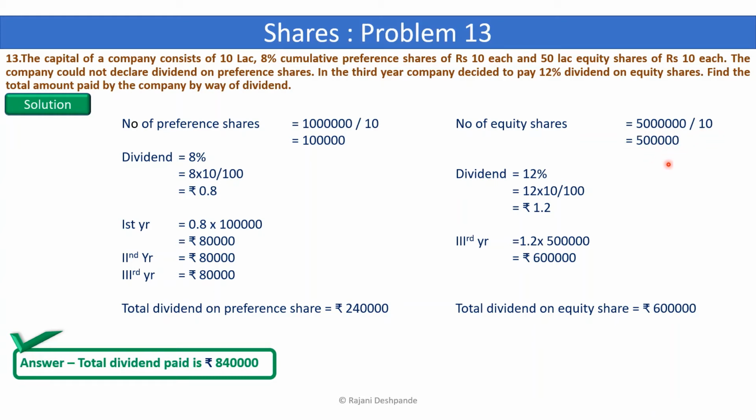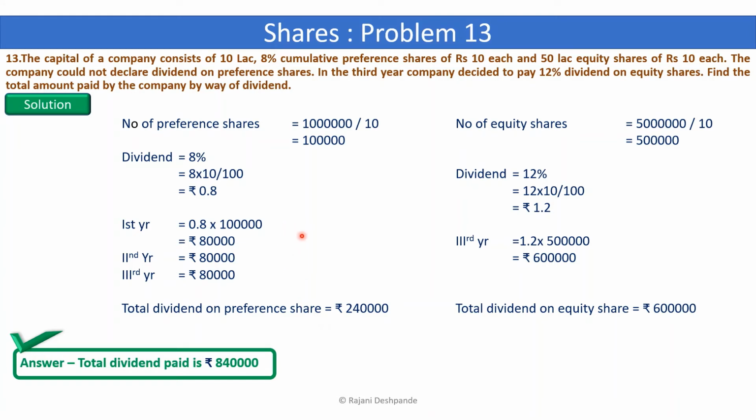They get a dividend of 12% on equity shares. So 12% of 10 is 12 into 10 divided by 100, that is rupees 1.2. And there are 5 lakh equity shares, so 1.2 into 5 lakh is 6 lakhs. So the total dividend on equity shares is rupees 6 lakhs.